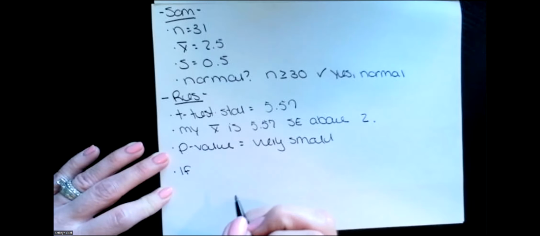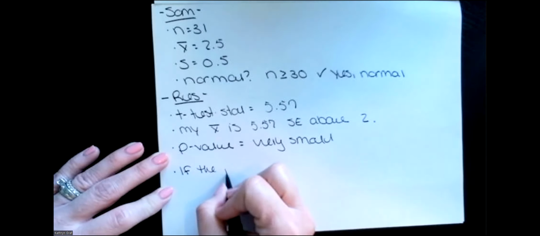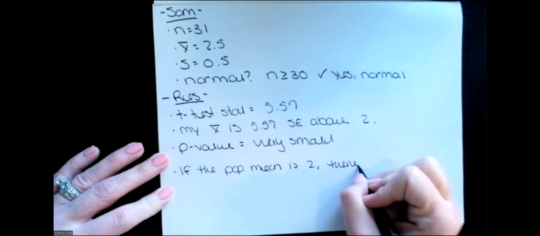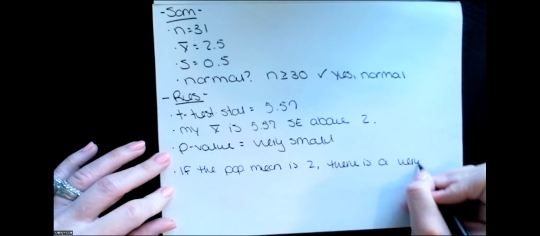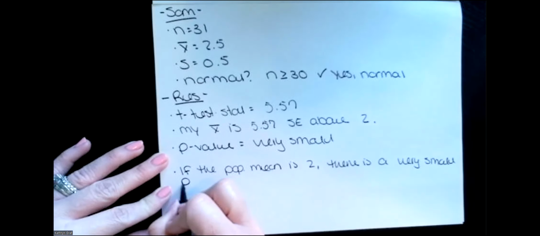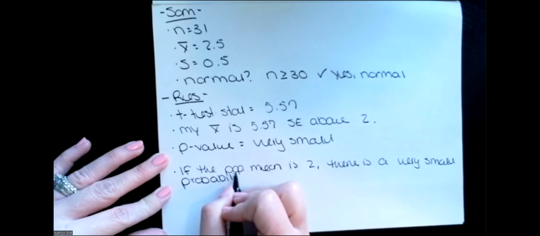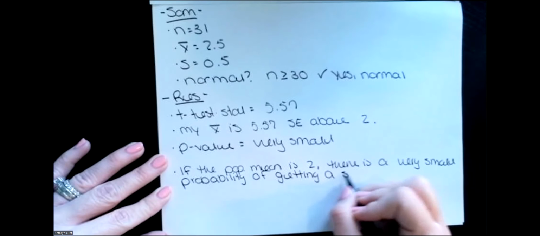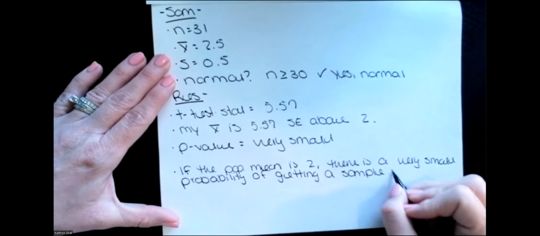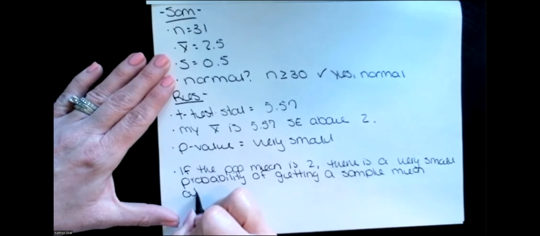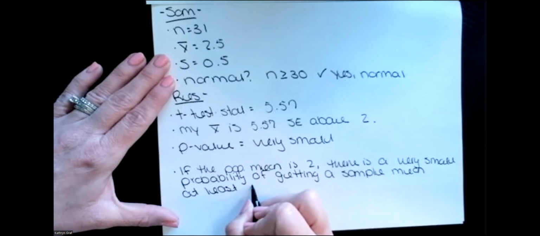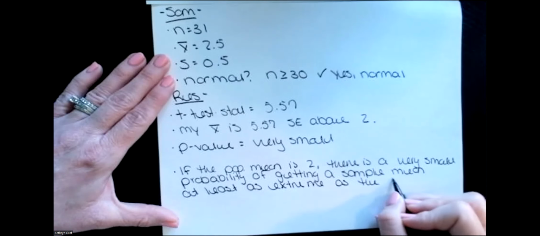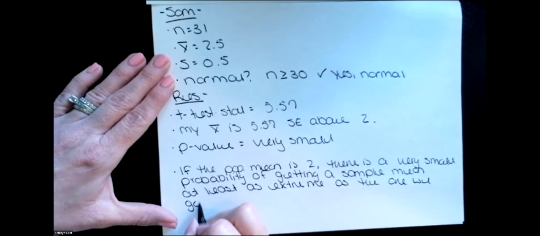So if the population mean is 2, there is a very small probability of getting a sample mean at least as extreme as the one we got from sampling.